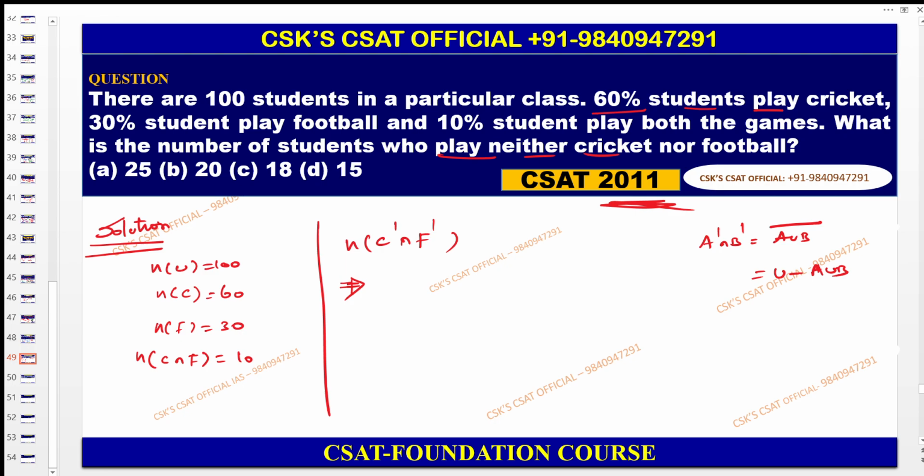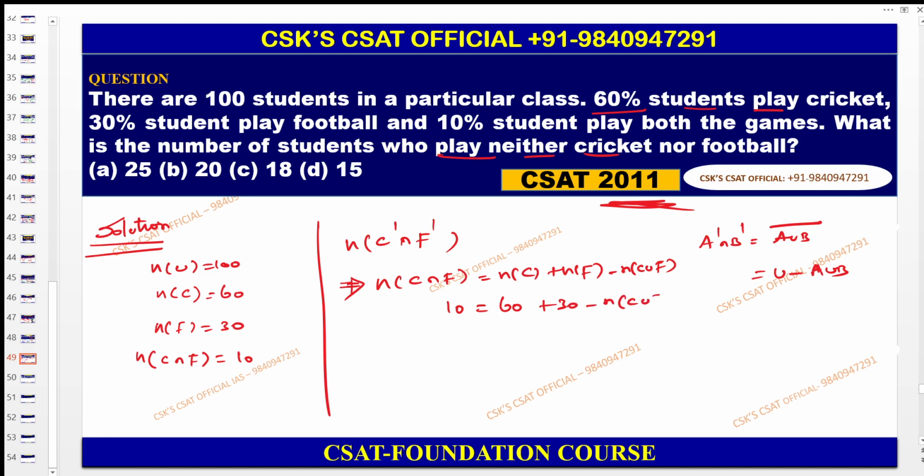Now listen. The first thing is to find n of C union F, which is equal to n of A plus n of B minus n of A intersection B. Instead of A, B, you can use C and F. Now this data has been provided here: 10, 60, then 30.